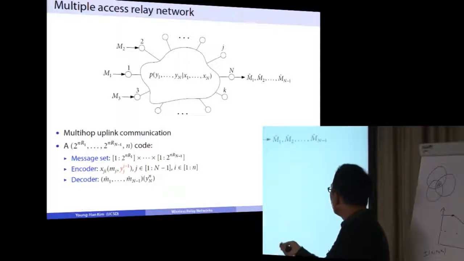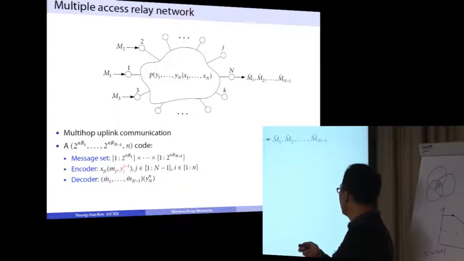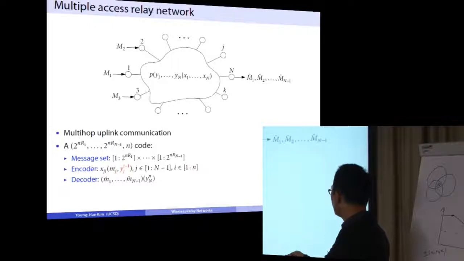So here each box at the nodes can be modeled as this. Every node here, I assume that everybody is a sender, okay? So everybody except the node n is a sender, so they want to send some messages with rates r1 up to rn minus 1, okay? And everyone is encoding its own message as well as whatever it has received so far.